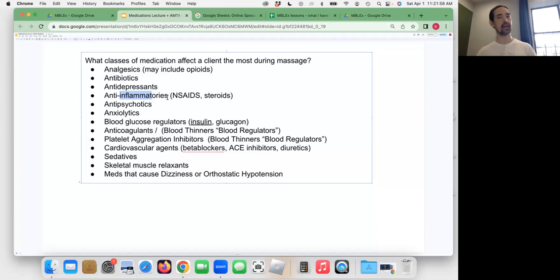Inflammation also can happen in the context of an autoimmune disease. And an autoimmune disease, like, for example, rheumatoid arthritis or lupus, which are two common ones that I see on MBLEx questions, those come with both local inflammation and, to a lesser degree, systemic inflammation.